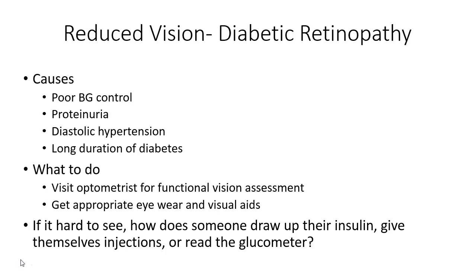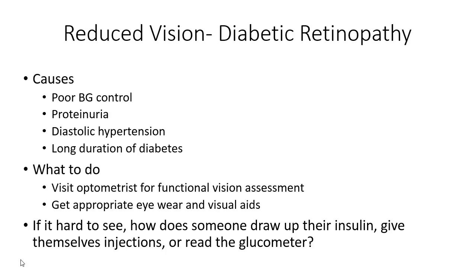Again, I mentioned this before, capillaries in your eyes are very microscopic, and if your blood's too thick, you tend to get less circulation, less ability to function correctly, and you will develop diabetic retinopathy. So this will really cause blindness. So what do you do? You'll visit the optometrist for a functional vision assessment, and you'll get appropriate eyewear and visual aids.